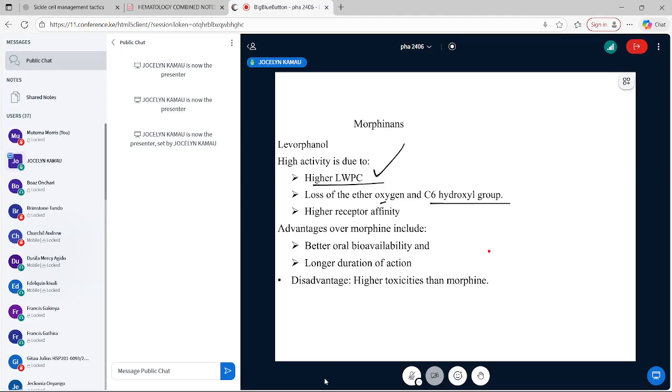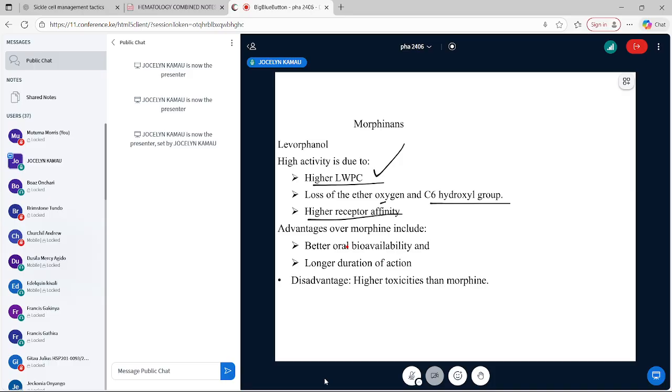That increases the lipid water partition coefficient and also gives this compound higher receptor binding. Remember, we did mention once you remove the hydroxyl group, you saturate position 7, 8, you get the chair conformer. It has higher ability to interact with the lipophilic center and therefore gives this compound higher receptor binding, higher lipid solubility, and definitely higher activity.